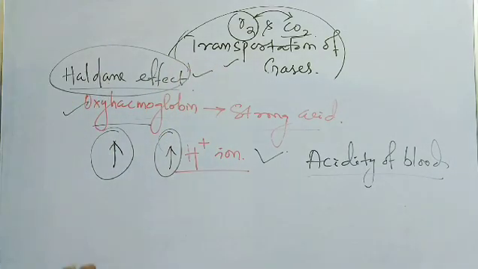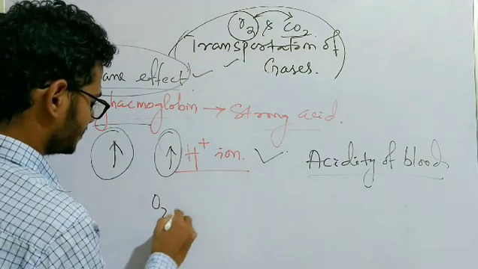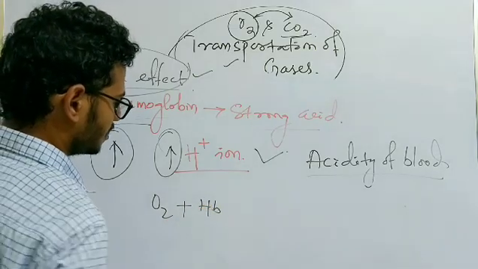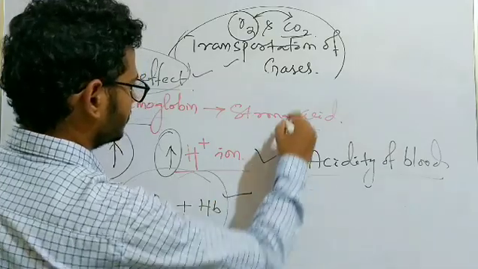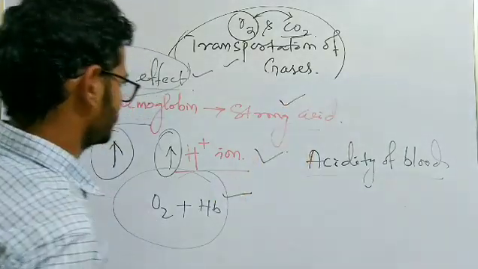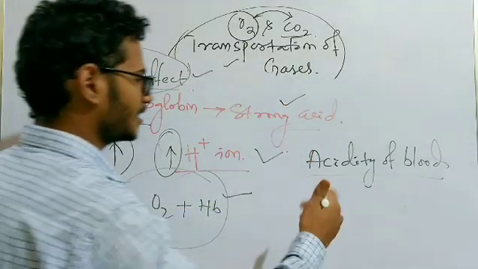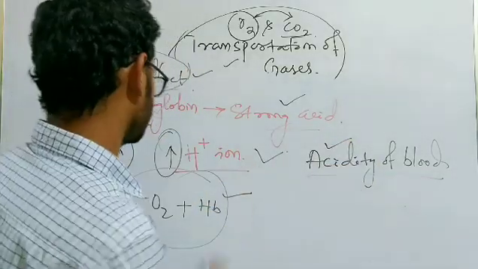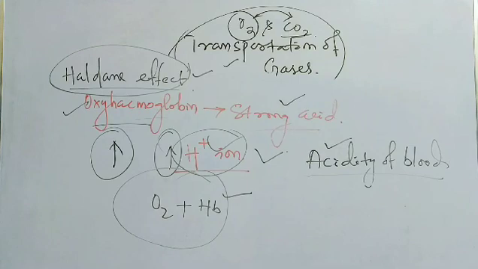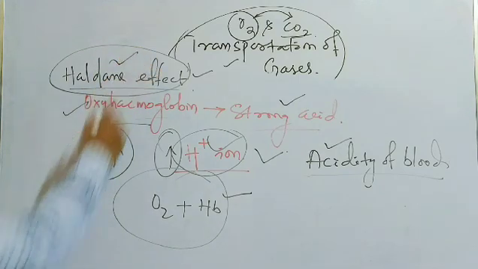This effect means the binding of oxygen to hemoglobin makes the blood strong acid. The acidity of the blood increases due to the release of H plus ion, which is known as the Haldane effect.